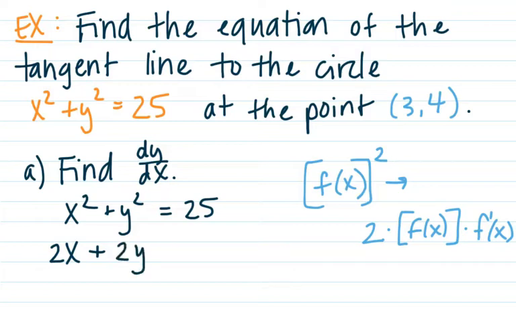That would be like this step here where our exponent comes down front, the function stays the same, times the derivative of the function. And we notate that in this particular case as dy/dx instead of using the function notation. Equals, and then the derivative of 25, that's a constant, simply becomes 0.